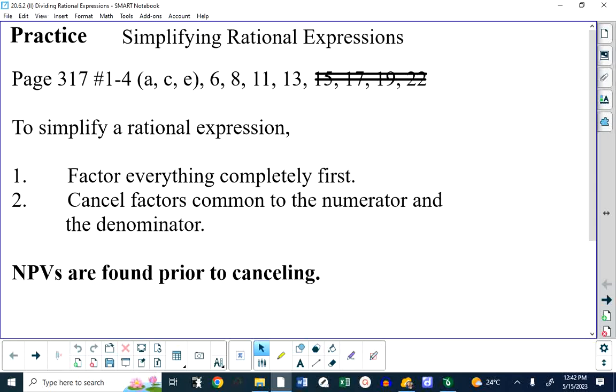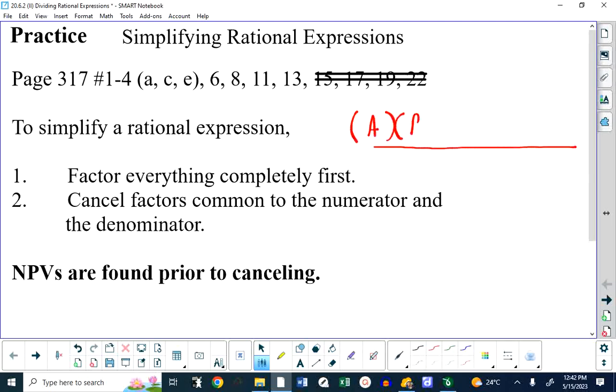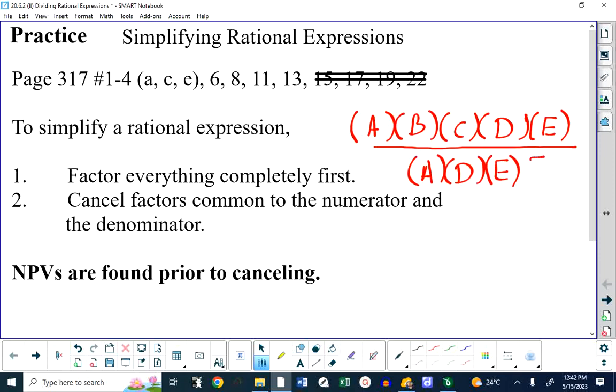denominator. So, if you do all of the heavy lifting and you take a rational expression and factor it, and it doesn't matter what the factors are, you've got A, B, C, D, E, and on the bottom you have A, D, E, F. First of all, why do I know that all of those letters that I've written are actually factors?